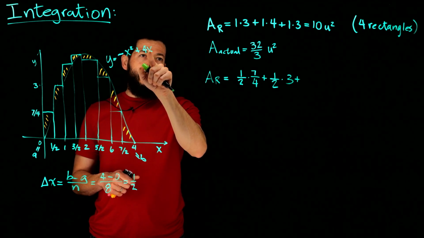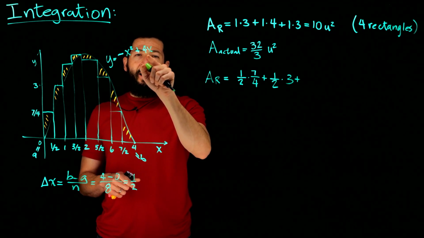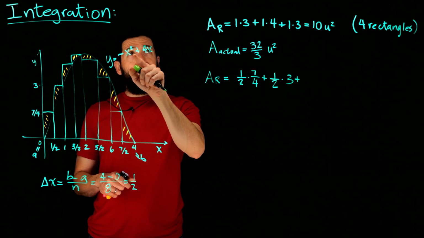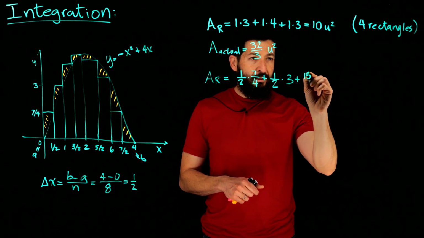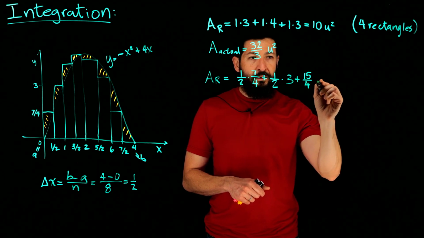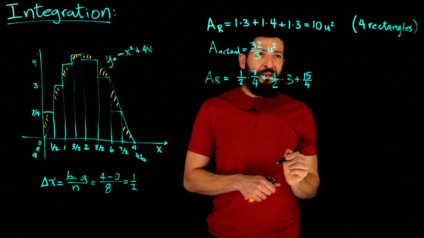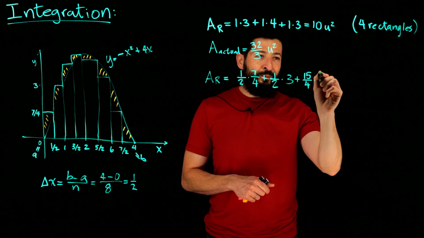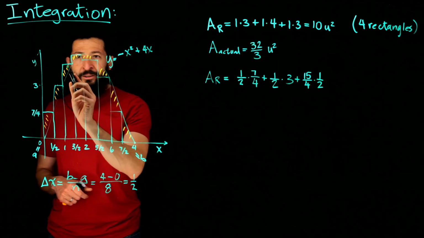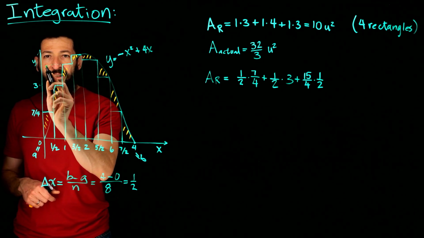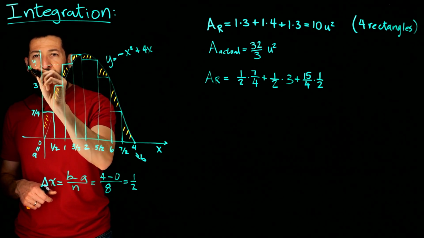This is going to be 24/4 minus 9, which is 15/4. And I forgot to write my base. This is the height. The base is 1/2. All right, so we got this one, and I didn't write the answer. It was 15/4.